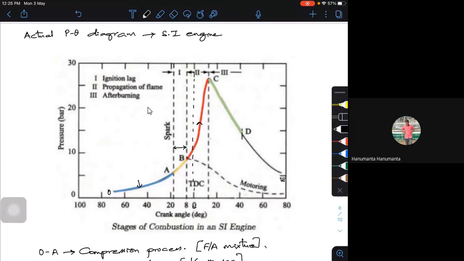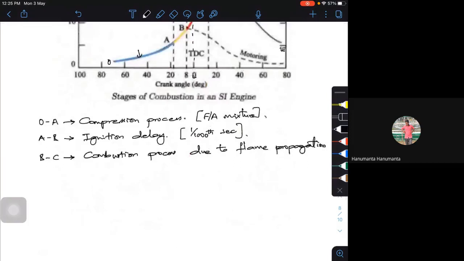This is where your expansion will start. C to D we call after burning. This is also the expansion of the fluid, the expansion of your burnt gases.